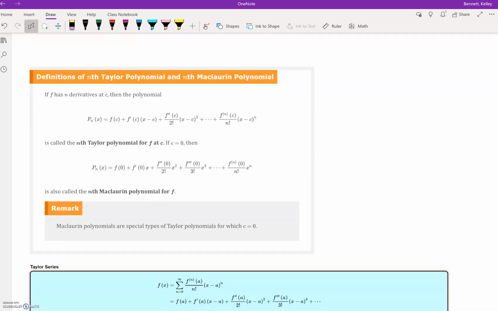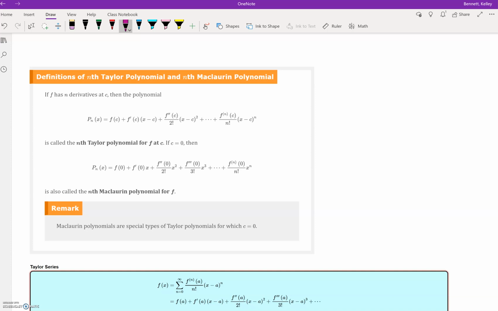In general, we can do this for as high a degree of polynomial as we want. So we're going to define the Taylor polynomial and the Maclaurin polynomial. The Taylor polynomial is given here, where it's just a sum, i.e. a partial series for an nth-degree polynomial of derivatives, and the number of derivatives you take increases each time.